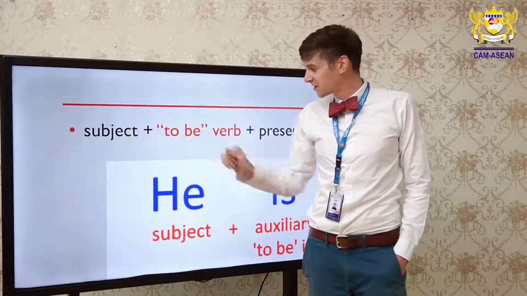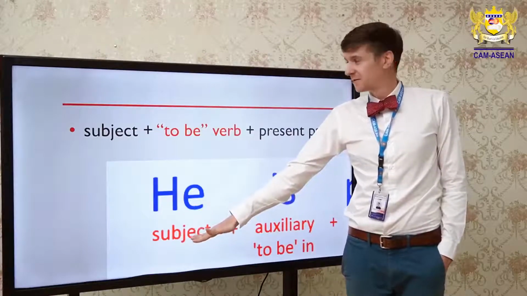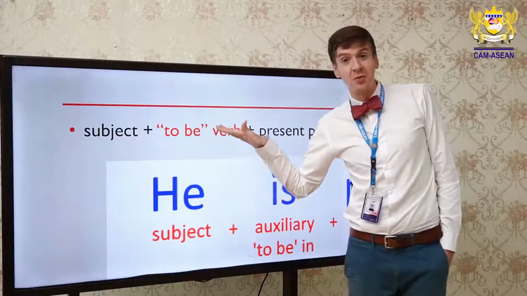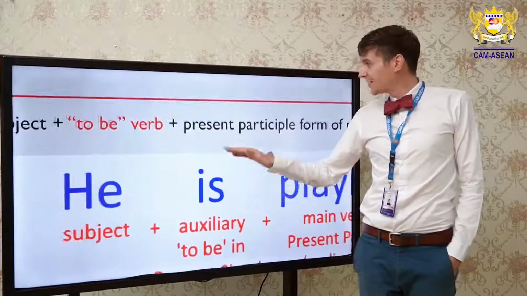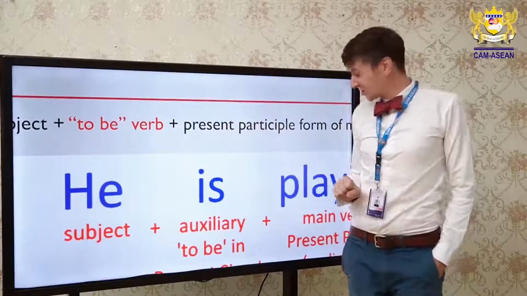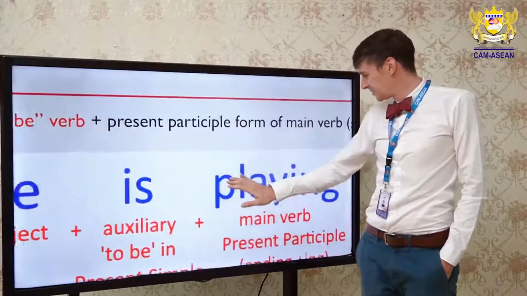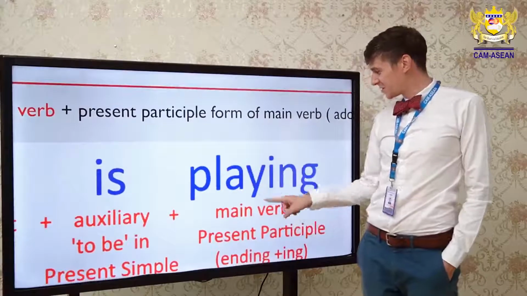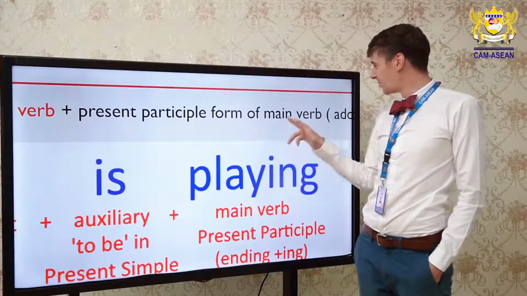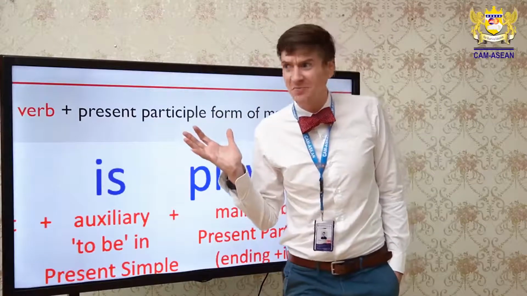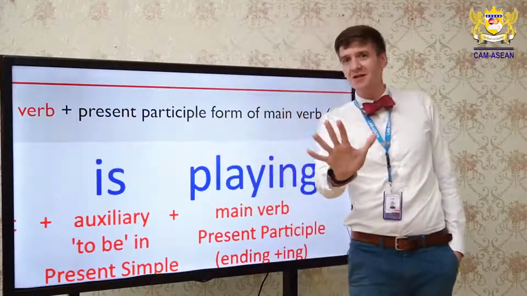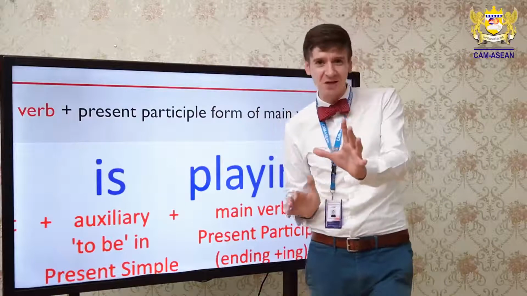There's a subject. There's a to be verb. And there's a present participle. Present participle form of the main verb. What is a present participle form? I don't mean to scare you. That's not why we're here.